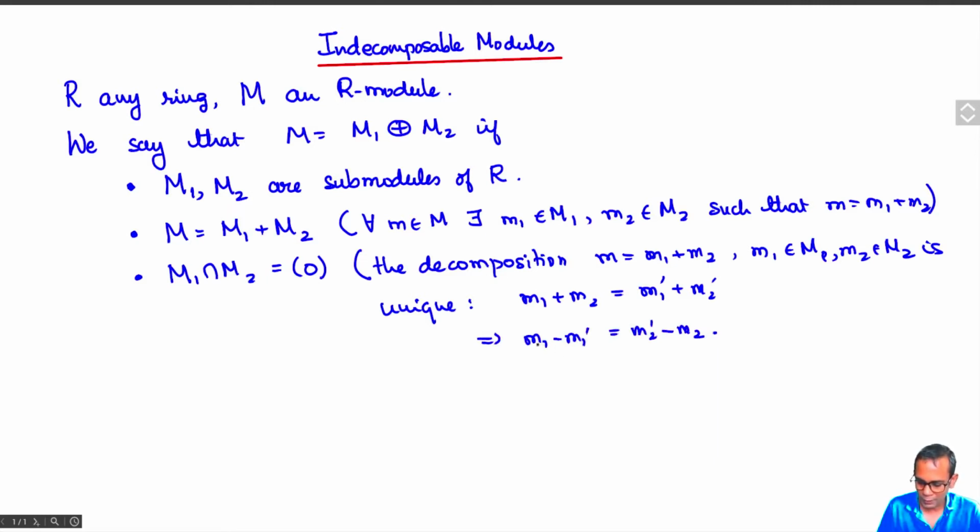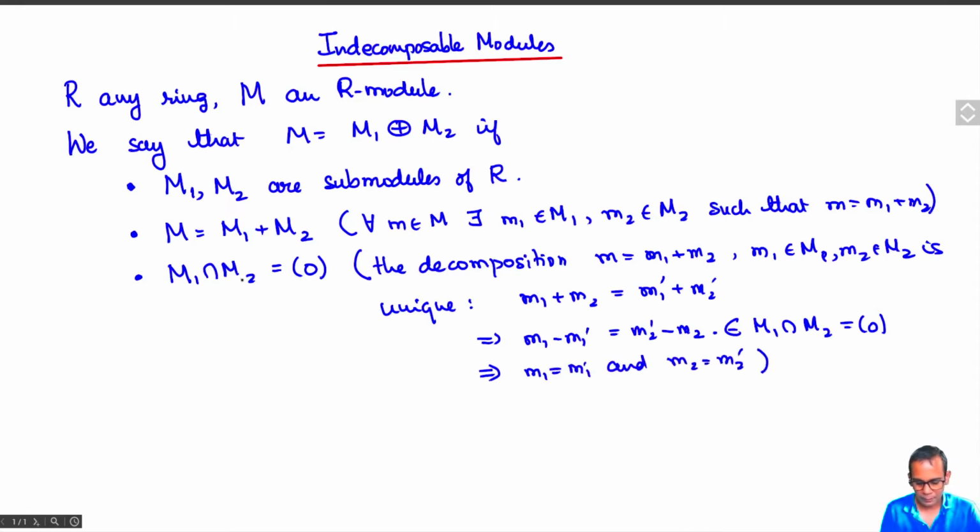Now this is in M1 because m1 and m1 prime are in M1. This is in M2 because m2 and m2 prime are in M2. So both these things belong to M1 intersect M2, but that consists of only the element 0, which means that m1 is equal to m1 prime and m2 is equal to m2 prime. So this third condition means that the decomposition of m as a sum of elements from M1 and M2 is unique.